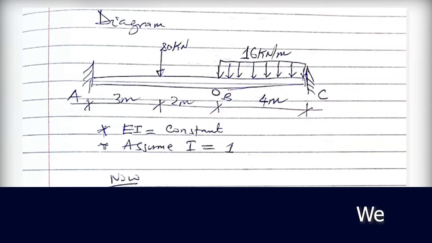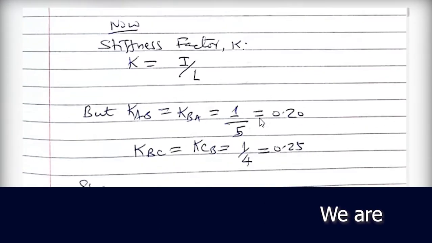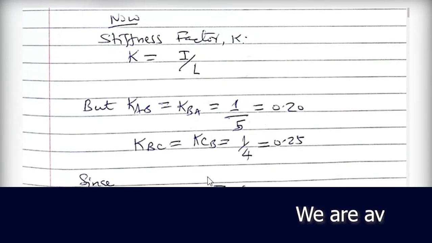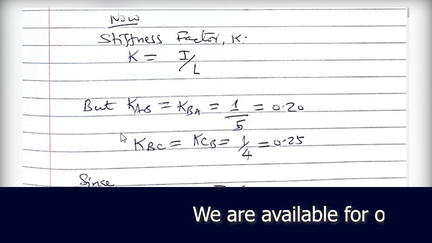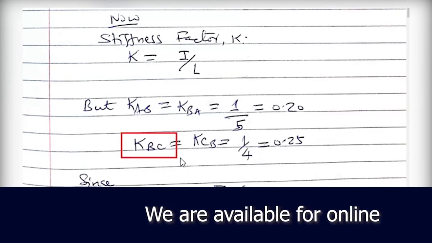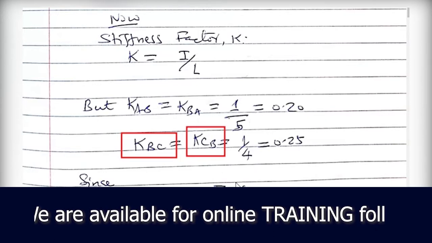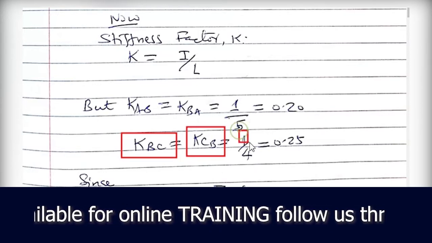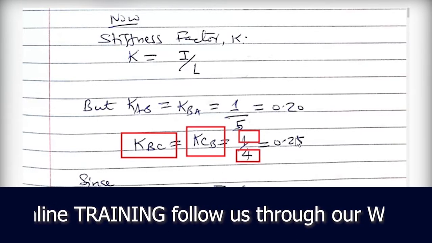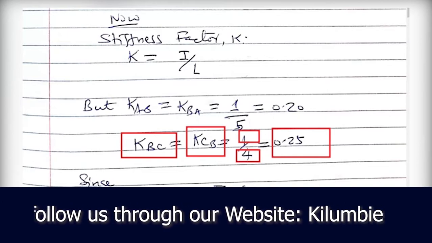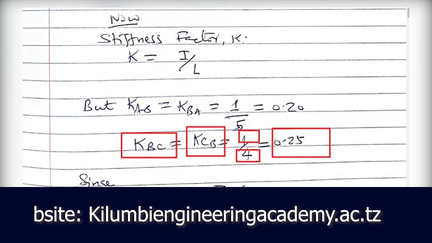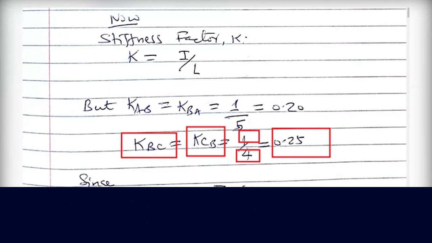So the stiffness factor KBC should be equal to the stiffness factor KCB, which is the ratio of I over L. You get about 0.25.